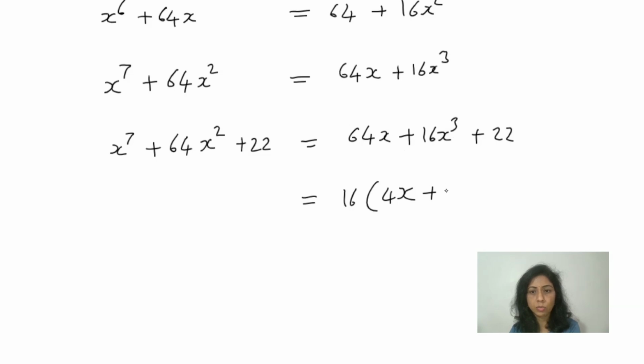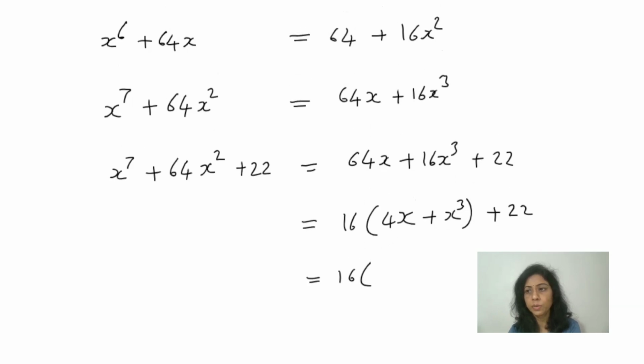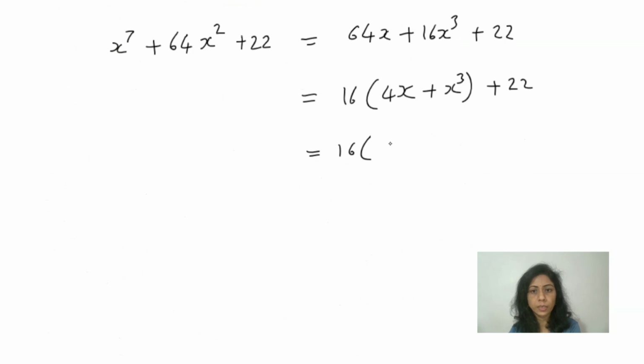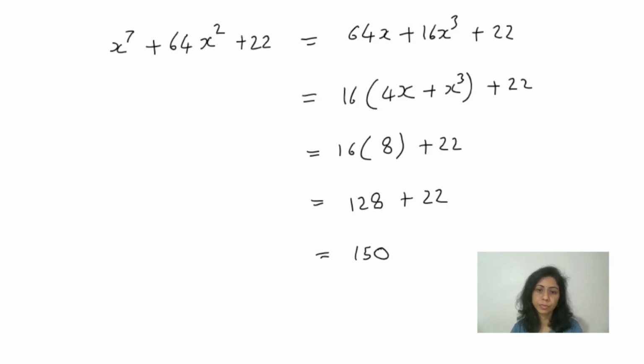We already took 16 out, so here x cube plus 22. And you already know that 4x plus x cube, this is the value of this one, right? 8. We can substitute 8 here plus 22. So 16 times 8 is, tell me, 128. Plus 22, and when we add them we get 150.